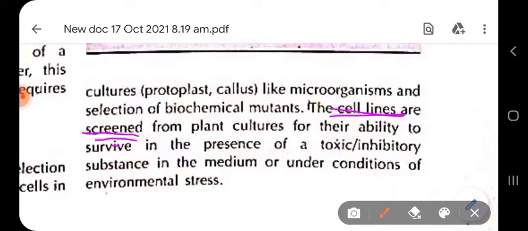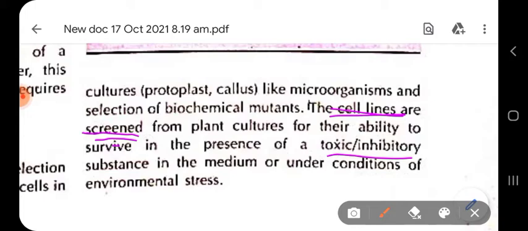And they are screened by observing their ability to survive in the presence of a toxic or inhibitory substance in the medium. So we are adding some toxic or chemical inhibitory substance, not at high concentration. We will increase the concentration and see up to what concentration the plants are withstanding. Or we can make some environmental stress condition in that area. So that is how the plants are growing.